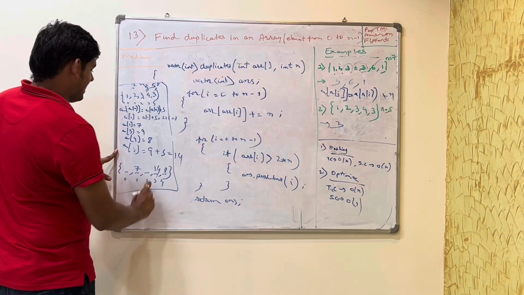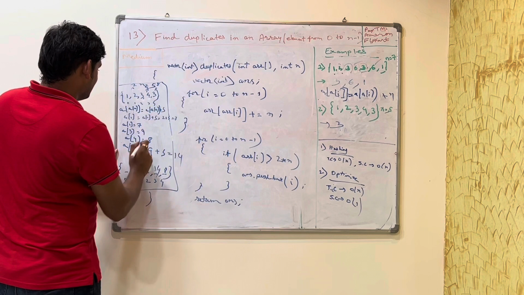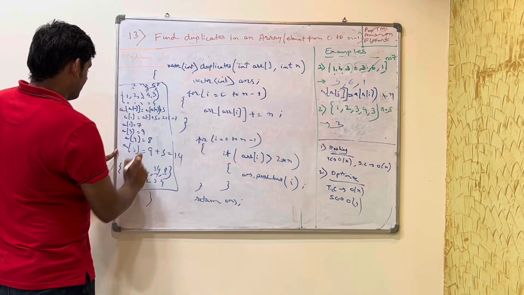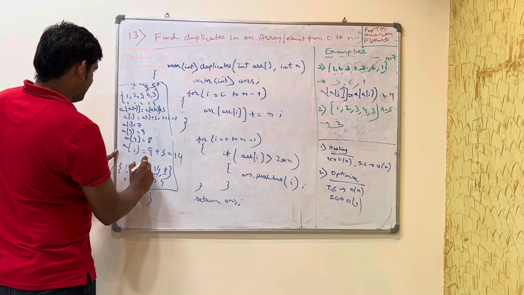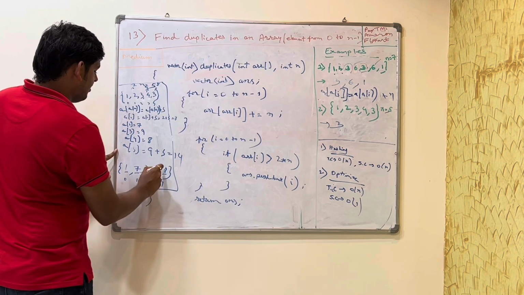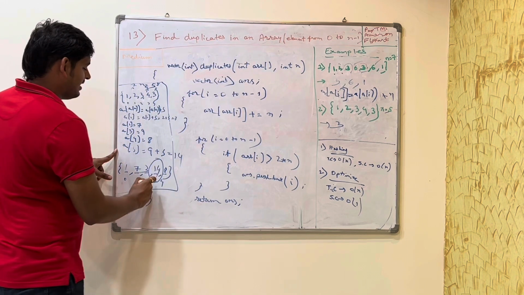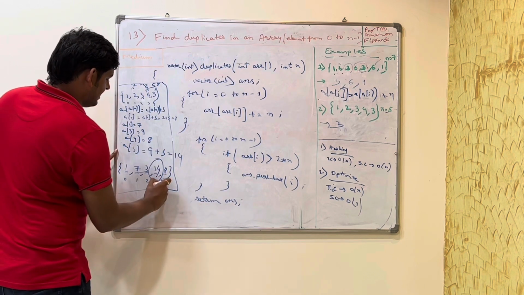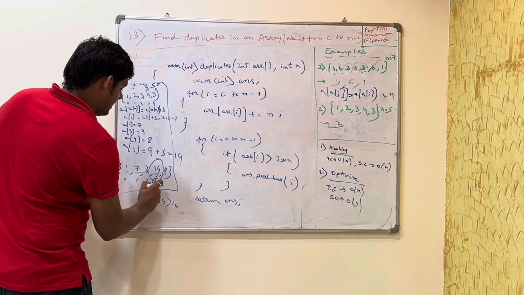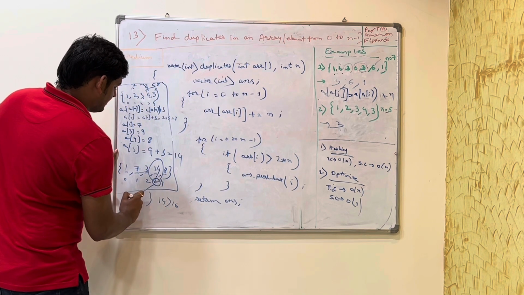Right? And we have traversed all the array. So the other values have not changed. They are same. 1, 3. The value for this element is only greater than 10. So that's why we will store the index. What is the index? 3.